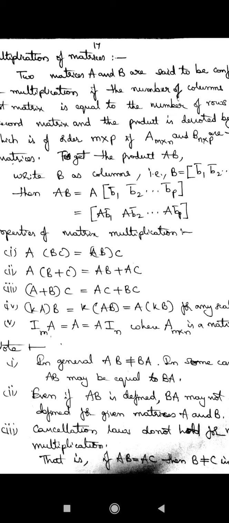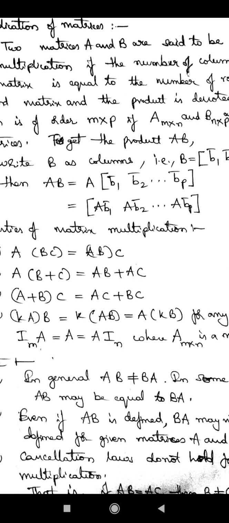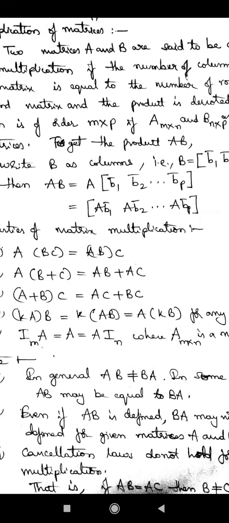So if A is an m by n matrix, then I_m, the unit matrix of order m by m, when multiplied with A m by n gives you A m by n again, and A m by n into I_n of order n by n gives you again the matrix A m by n.